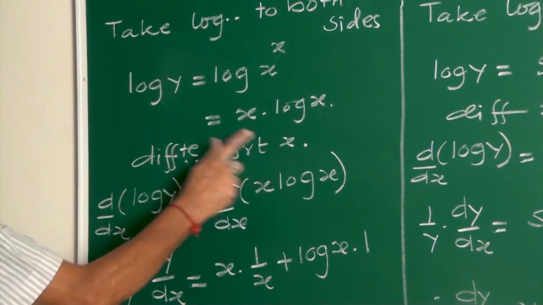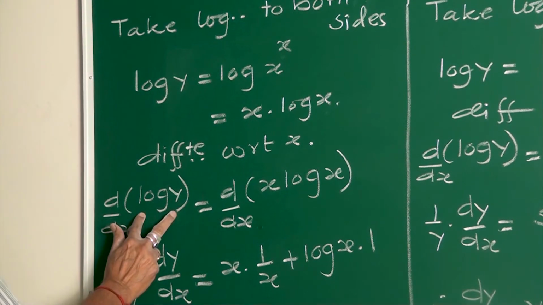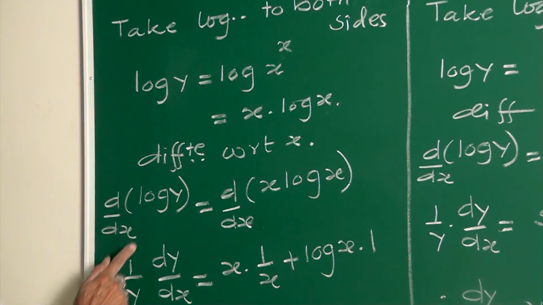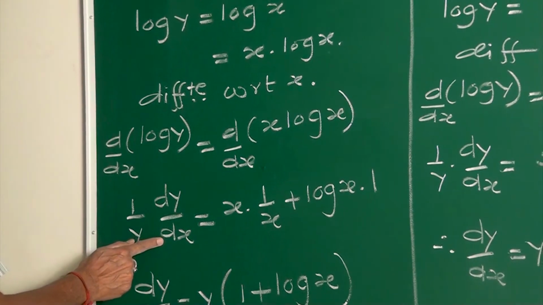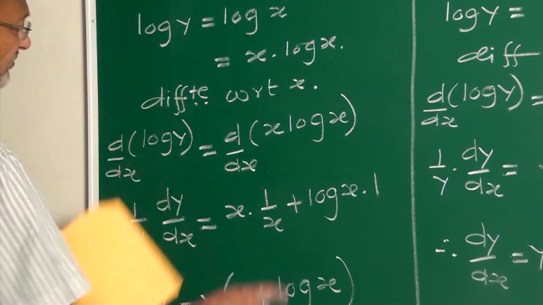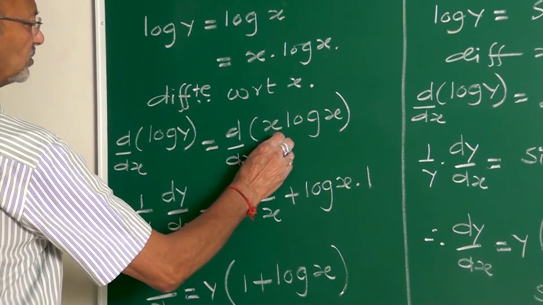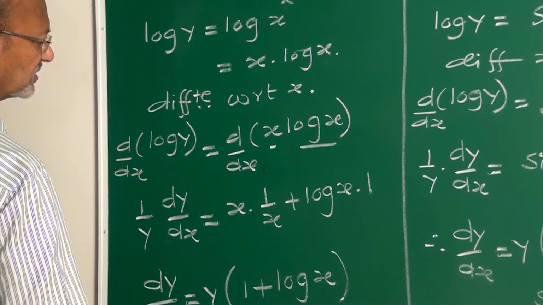Differentiate with respect to x. Derivative of LHS equal to derivative of RHS. Log y: first differentiate log y with respect to y, 1 by y, then derivative of y with respect to x. While differentiating the RHS, it is a product of two functions. x is one function, log x is another function.